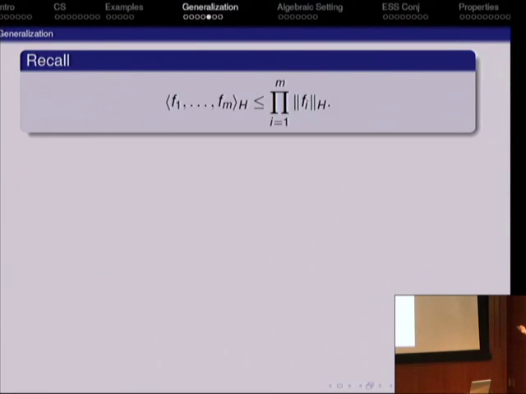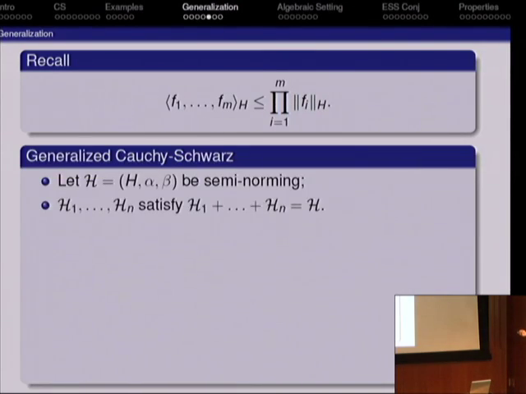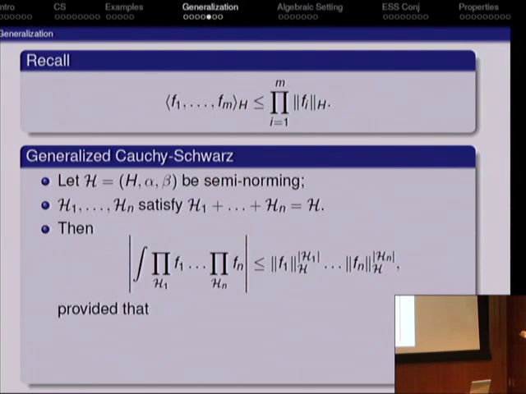So the Cauchy-Schwarz type inequality that we had before was really neat, that for any set of functions we had this. But here we need to assume some extra conditions. So basically I have this hypergraph with these weights alpha and beta. I decompose it into different hypergraphs, so write it as a sum of hypergraphs with weights. And the analog would be to have this for any set of functions f_1 to f_n.